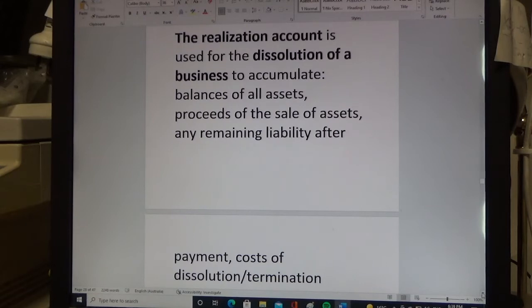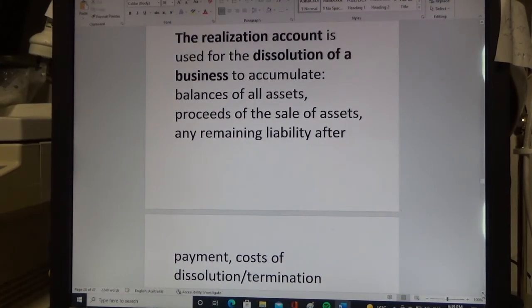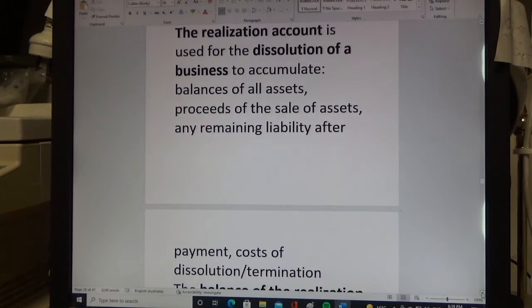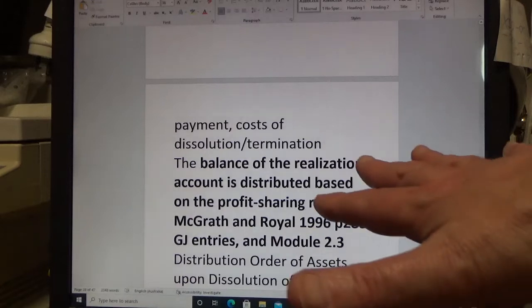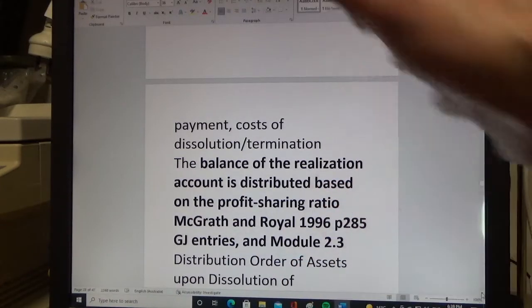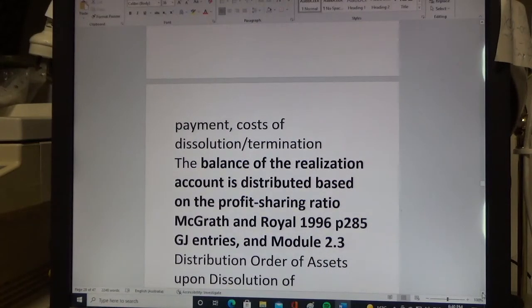Second, pay out any partner loans to the partnership. Then you can take assets off the books and sell them and distribute the money according to the profit sharing ratio. Of course, any expenses along the way, going back a couple of steps, costs of winding up the partnership.